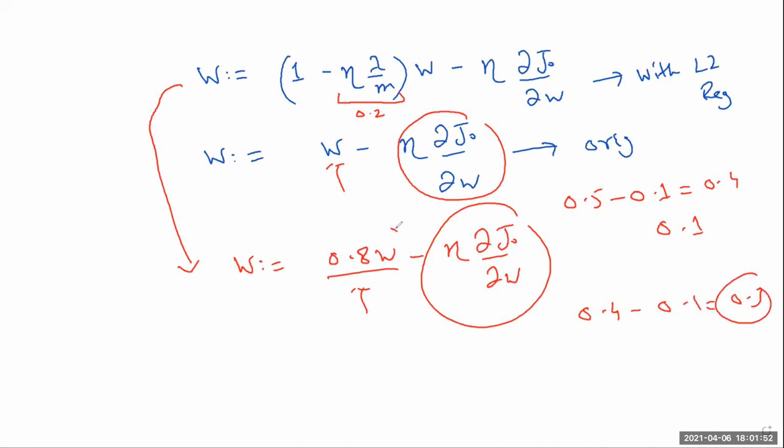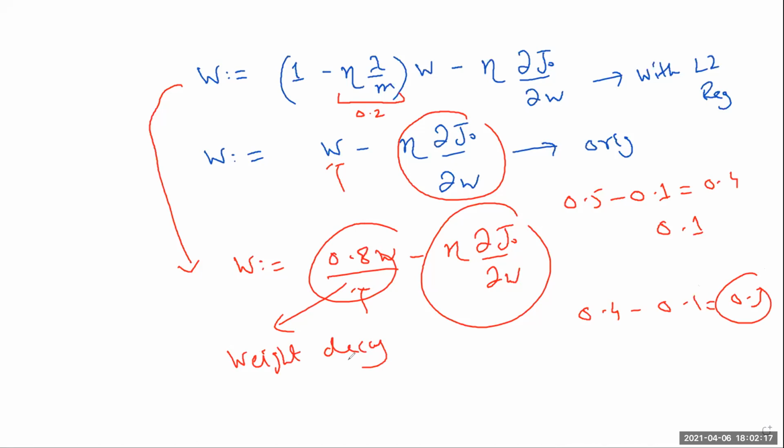So now you see this is actually called weight decay. Whatever is the value of w, as a result of L2 regularization, you are taking a proportion of that value, 0.8, 0.9, it depends upon lambda, m and learning rate. But you are not subtracting from w; you are taking, say, 80% or 90% of w and then subtracting.